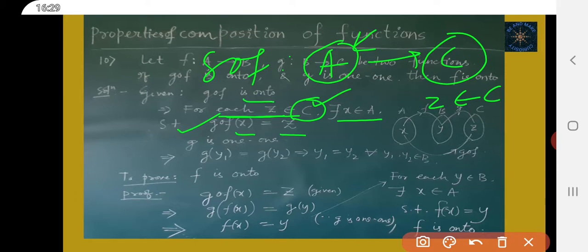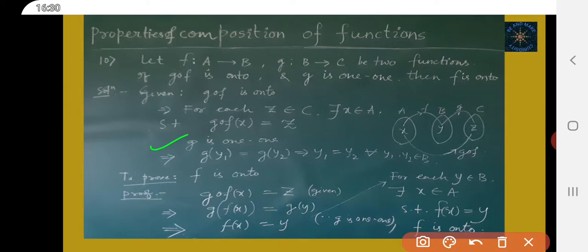As it is onto, we can write like this. Now come to g is 1-1. As g is 1-1, you can write g of y1 is equal to g of y2 implies that y1 is equal to y2 for all values of y1 and y2 belonging to set B.